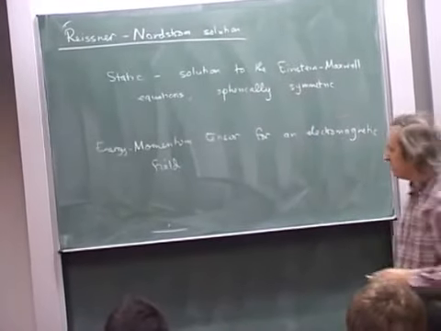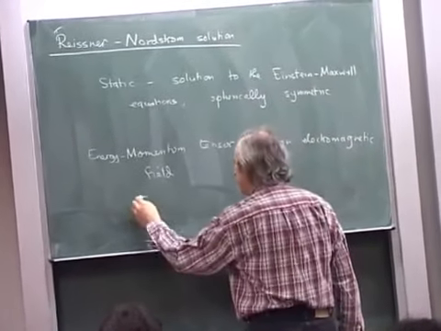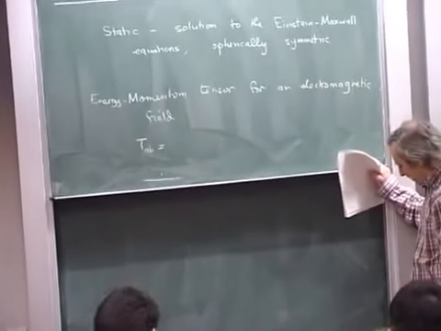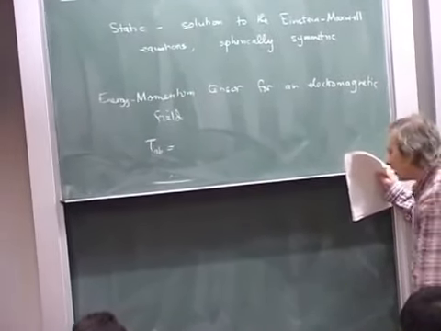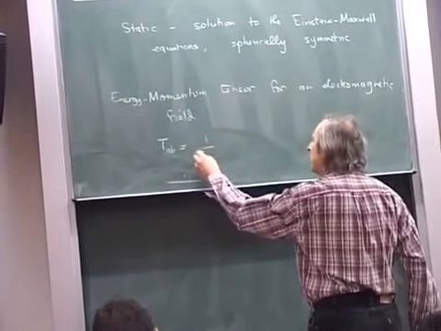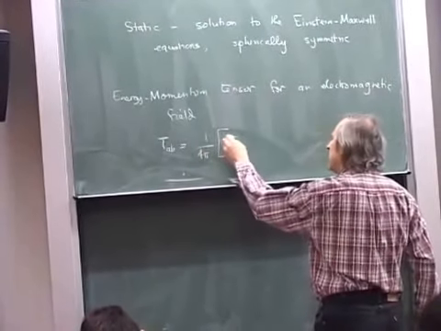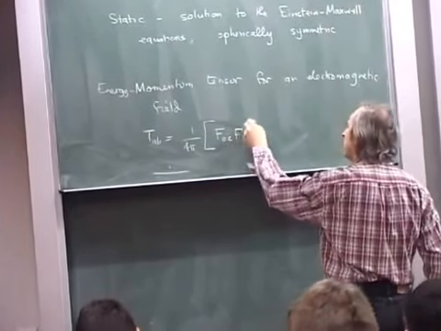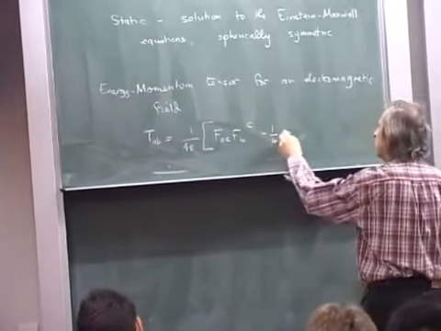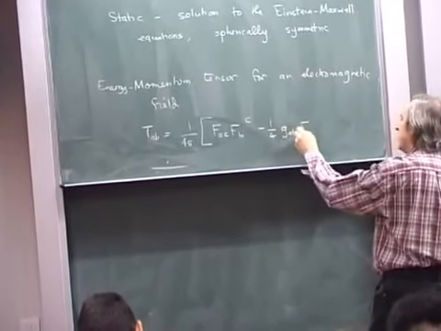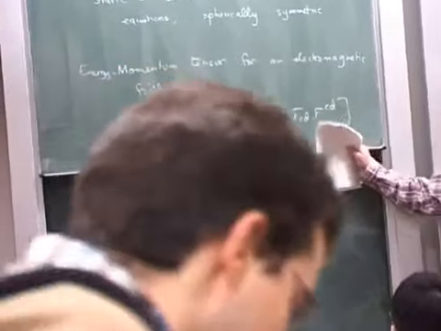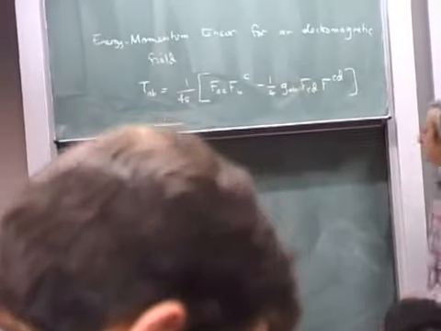And that is going to be equal to T_AB, and I would like that to be 1 over 4 pi into F_AC F_B^C minus a quarter g_AB F_CD F^CD, where F is the electromagnetic field strength tensor.